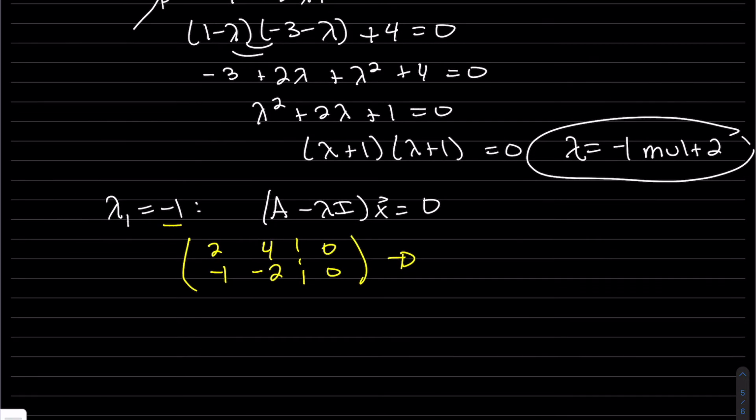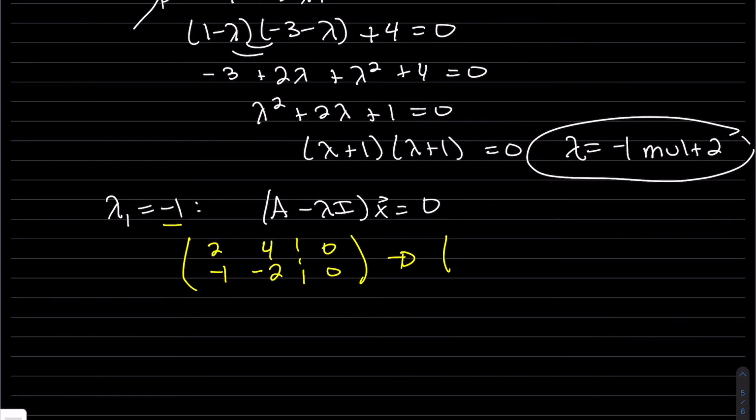And this matrix, by the way, is always, as I mentioned earlier, dependent, so you should always get a row of zeros. I'm going to divide by 2. Multiply by 2 on the bottom, add it.